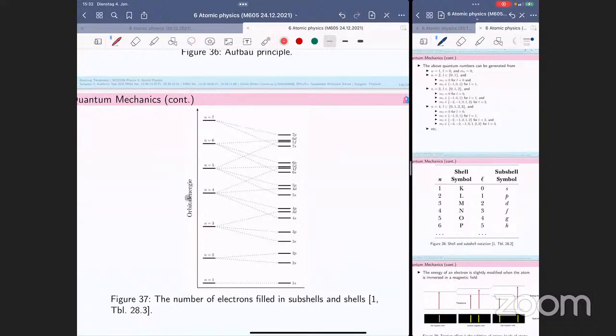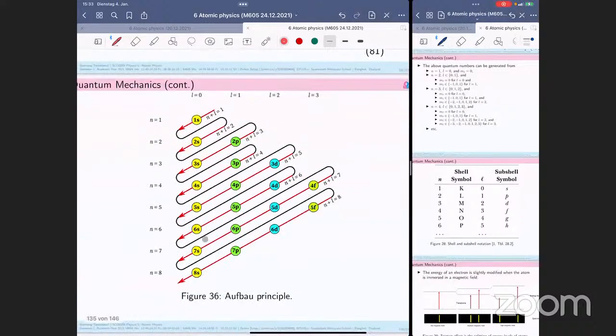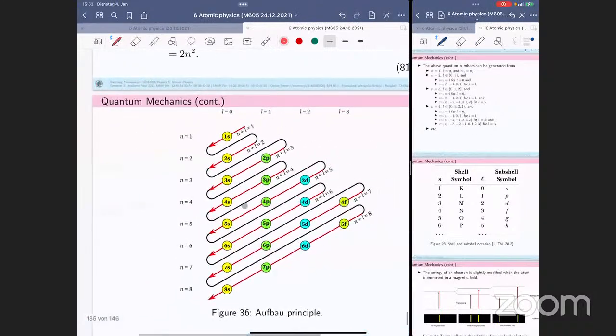Okay, when n equals 4, 5, 6, and 7, it doesn't mean that when n is bigger, the energy level will always be higher. It depends on the route you move in this Aufbau principle.